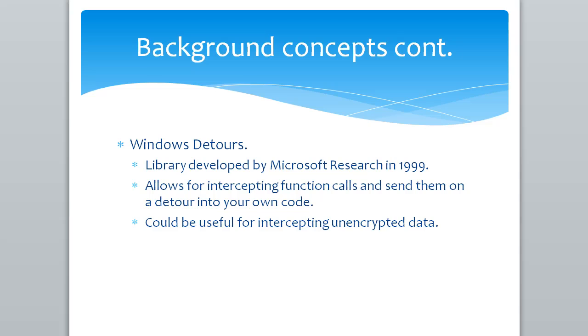This library provides functions for intercepting function calls and sending them to a detour into your own code. So what this means is that it can, for example, look at any parameters that are passed to a hooked function. This can be very useful if one wants to intercept unencrypted data.